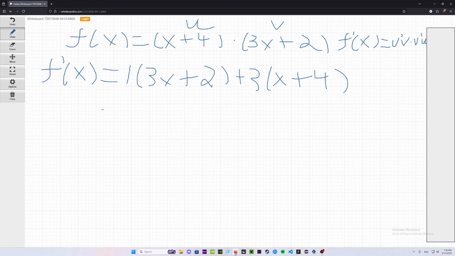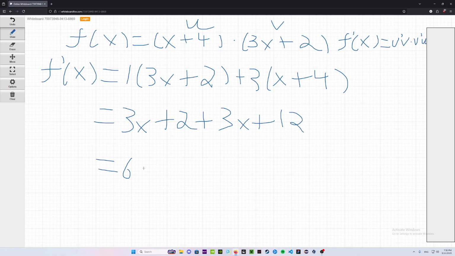And then we just simplify this out. We have 3x plus 2, because everything's times 1, plus 3 times x, 3x, 3 times 4 plus 12. Then it equals 6x plus 14. Okay, so that's product rule.